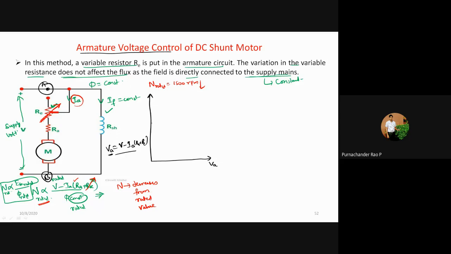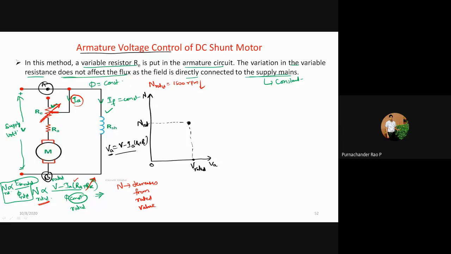So here, just assume that the speed is rated value. This is N rated value, and this is the normal speed N. And you are having a rated voltage. This is for the V rated voltage, VA rated value, 0. So your speed is at this point.